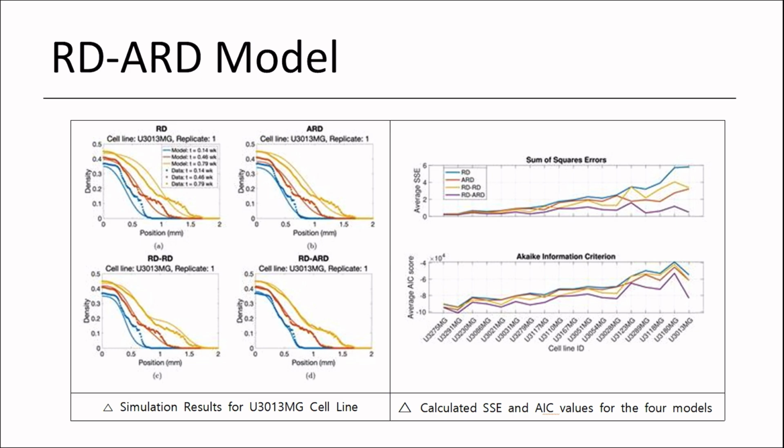A lower AIC score means better model fit with minimal information loss. As shown on the right, the RD-ARD model consistently shows the lowest SSE and AIC values despite having more parameters than other models. This demonstrates that the RD-ARD model is not only more complex, but also more accurate and reliable in describing the behavior of glioblastoma cells.